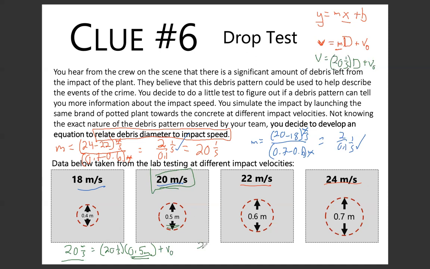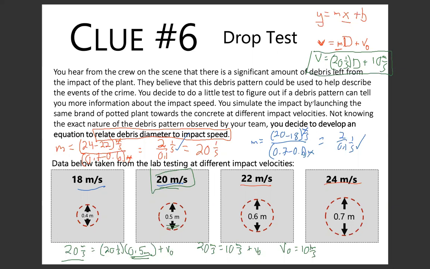So that leads us to 20 meters per second equals 20 times 0.5, which is 10 meters per second, plus V naught. Moving that 10 over to the other side gives us V naught equals 10 meters per second. That is our mathematical model, and you could test it with any of these values and it should work out.